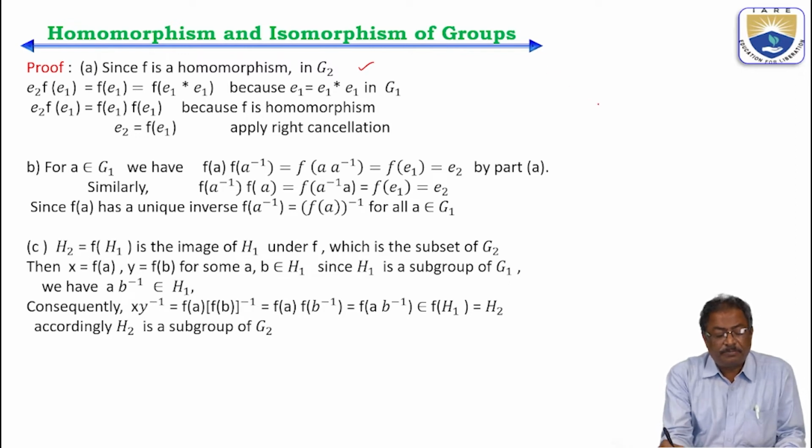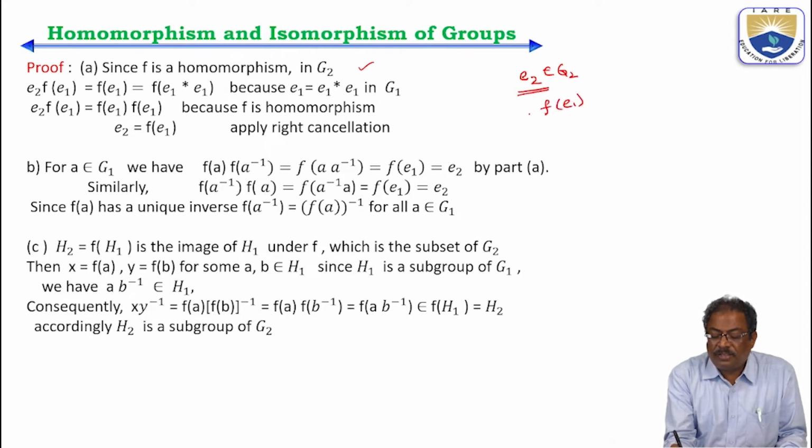I'm just considering e2 into f of e1. Here e2 is the identity element in G2. So if I multiply with any element, e2 times f of e1 will become f of e1.